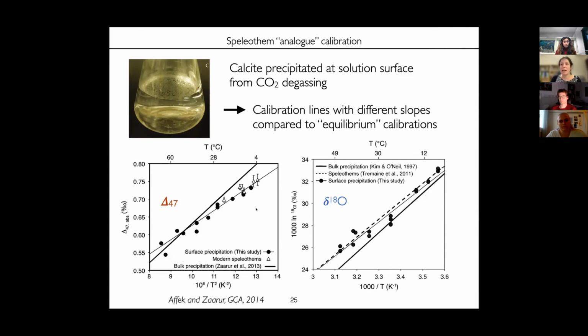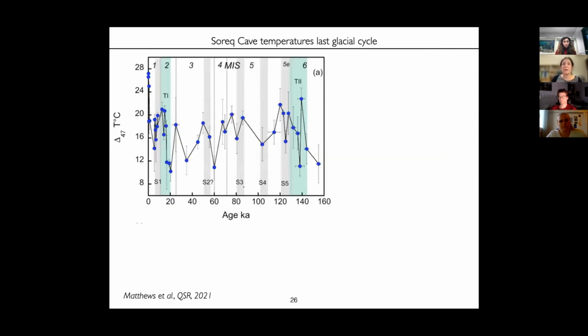And Hagit and her group very recently used this calibration with Soreq. So they revisited the Soreq speleothems that this whole story started with, and used this surface precipitate calibration and derived temperatures that seem to make a lot more sense than those earlier results.